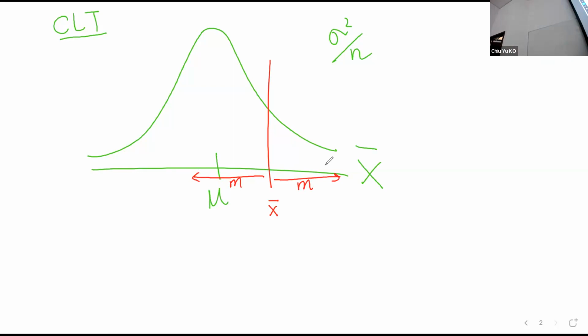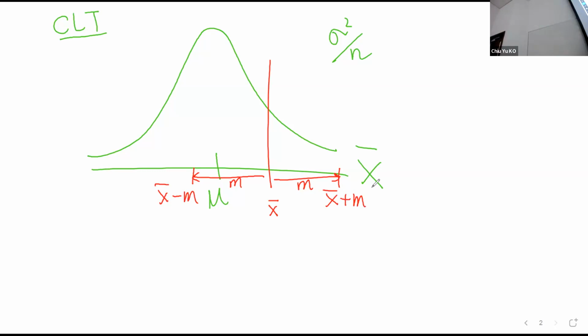You just have to stretch out the hands there and fly. So x bar minus M and x bar plus M. What we want is to stretch out from x bar, because x bar is a good estimate, stretch out from that, and we want this to include mu as likely as possible.